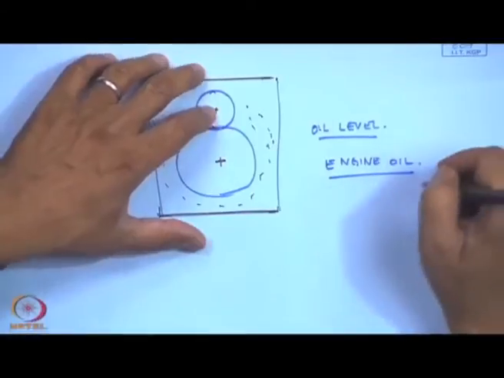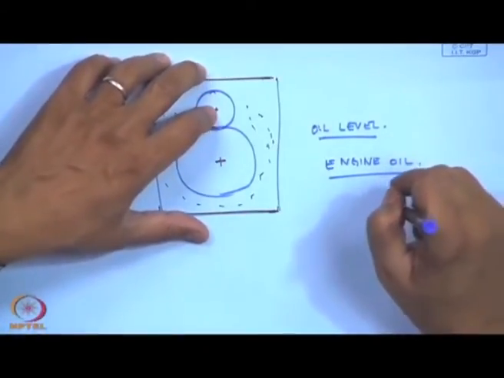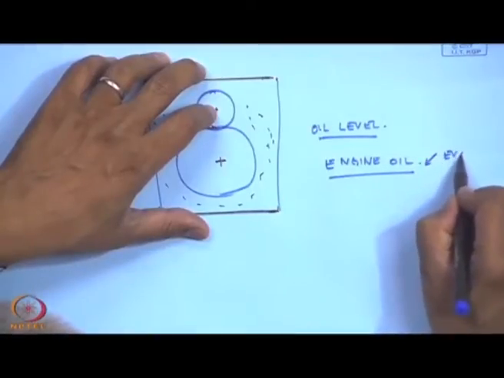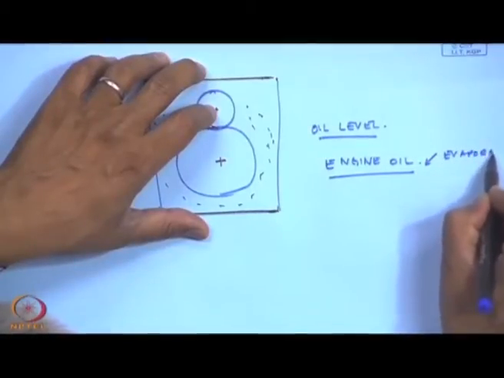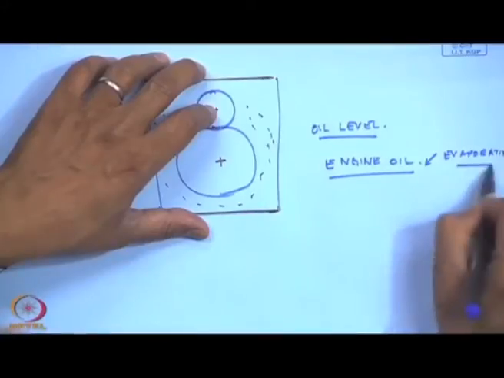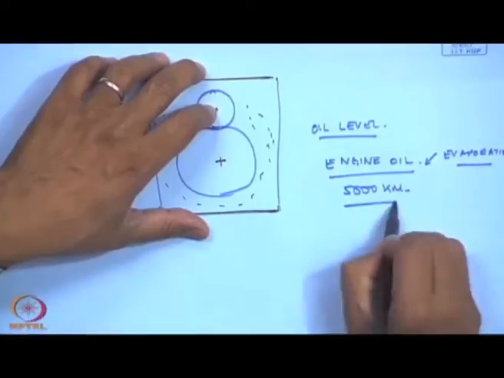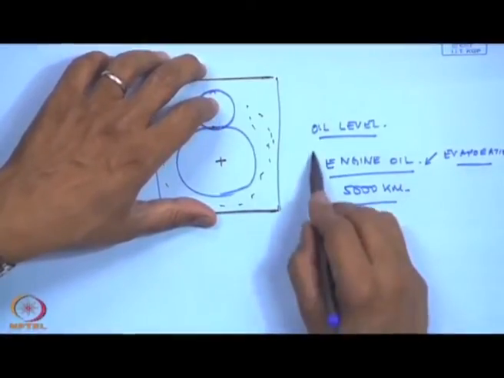Engine oil is exposed to much higher temperatures because they are very close to the combustion taking place, and they lose out because of evaporation. So, every maybe 5,000 kilometers we top up the lubricating oil.